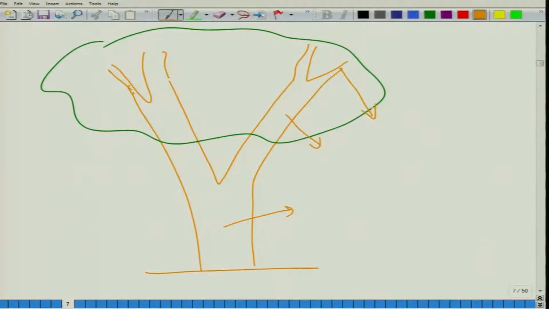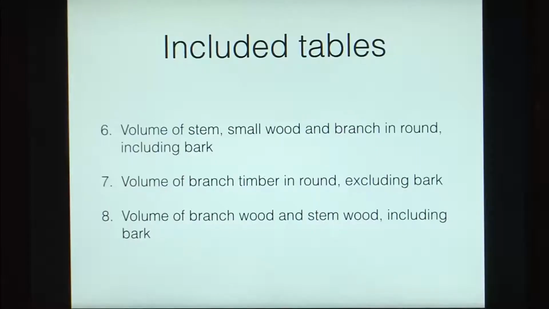Which is what it says in the slide, volume of the stem, small wood and branch in round including the bark. When we are saying in round, it is not a sawn volume. Or you can find out the volume of branch timber in round excluding the bark. In this case we are just considering what volume we can extract out of the branches. So, maybe they could be used as fuel wood. So, depending on your applications, you can have different kinds of tables.